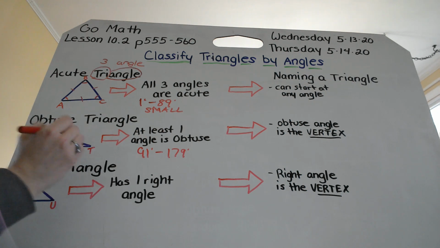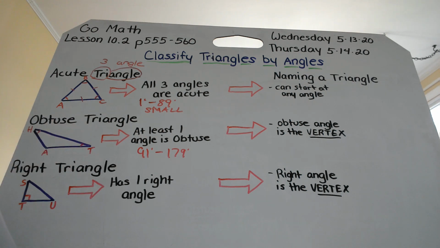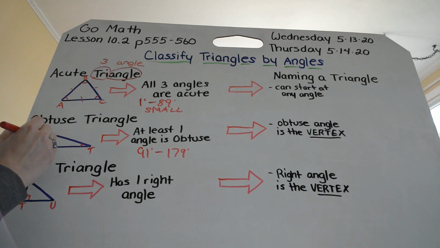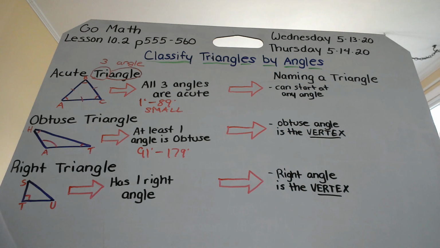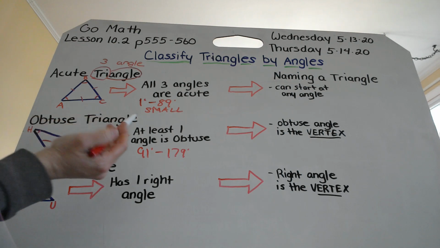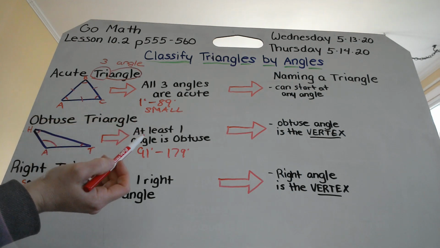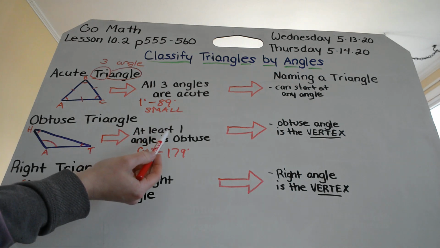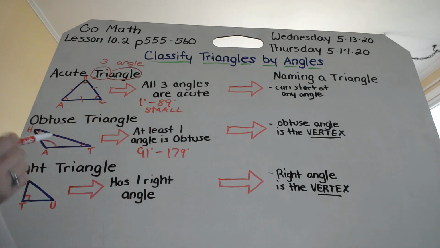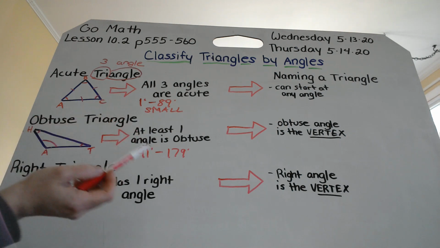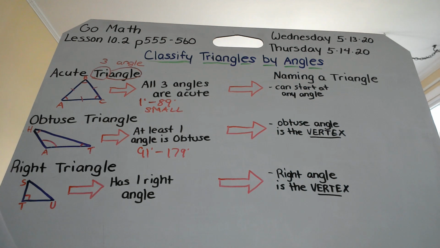And I have this angle right here that's also super tiny, so that's an acute angle. But if you look at this guy right here, angle A, that's real big. The opening is real wide. So this angle would be an obtuse angle. And for it to be classified as an obtuse triangle, it needs at least one obtuse angle. So here it is right here, so this is how you know that this triangle is obtuse, because it has at least one obtuse angle in it.